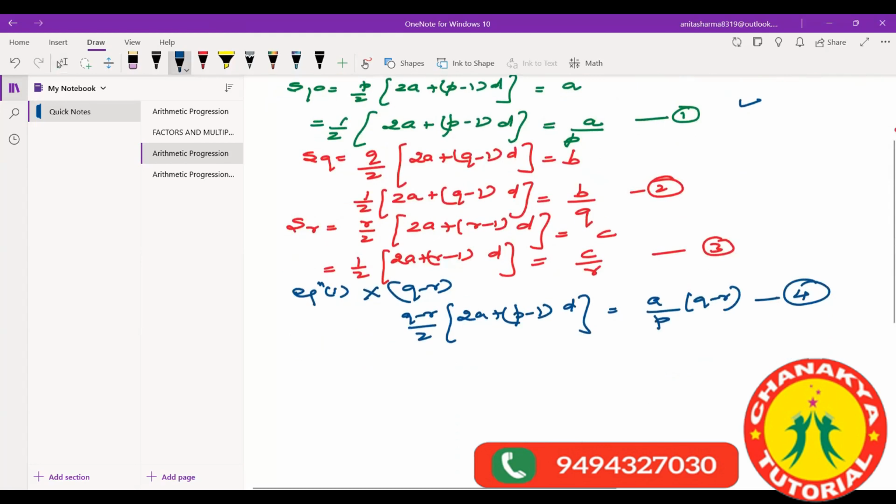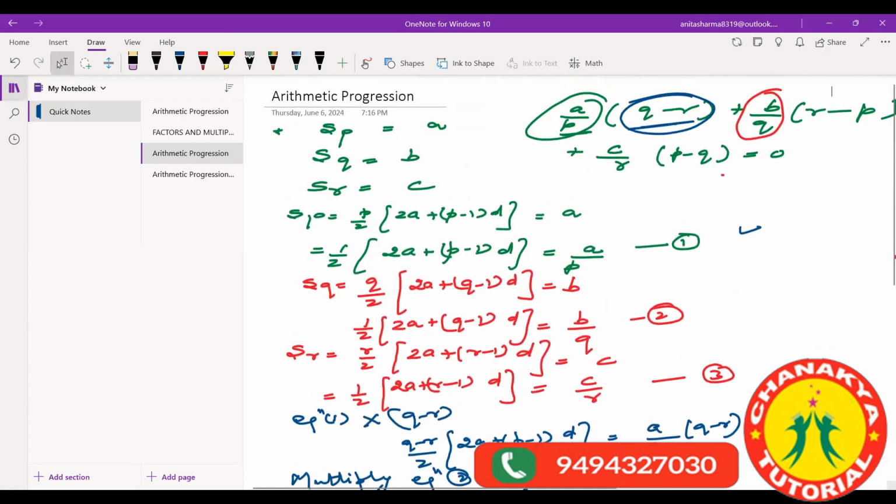Now multiply second equation by R minus P. Multiply equation 2 by R minus P. Right, let me check.